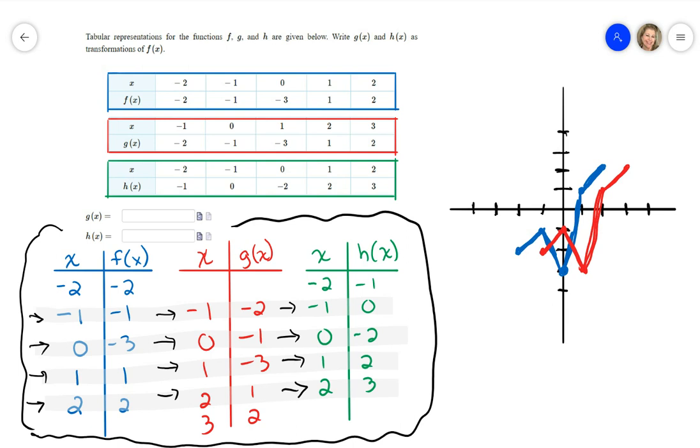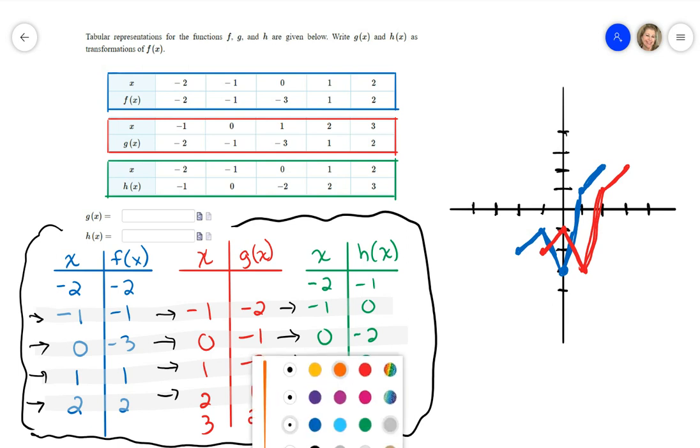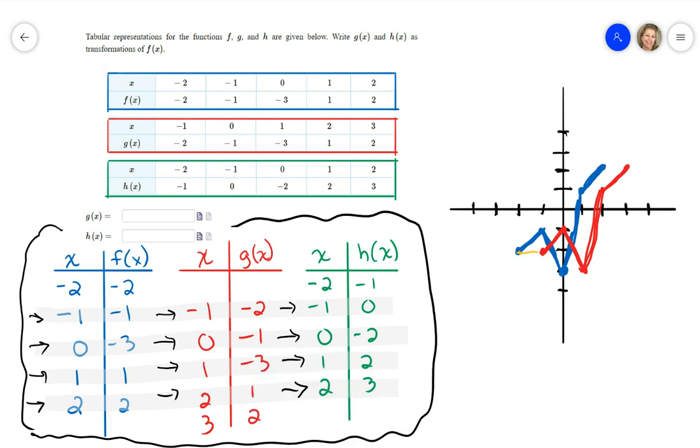Let me get a different color here. I'll go with yellow. It started here and went to there. Started here and went to there. Here to there. Here to there.